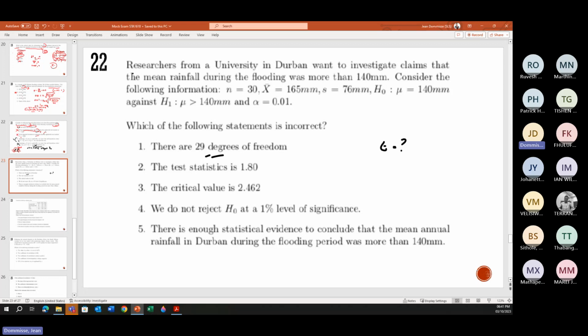Researchers from a university in Durban want to investigate claims that the mean rainfall during the flooding was more than 140 millimeters. Okay, so there's your alternative. More than: is it one tail or two tail?